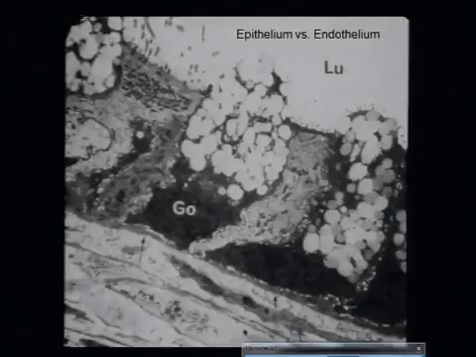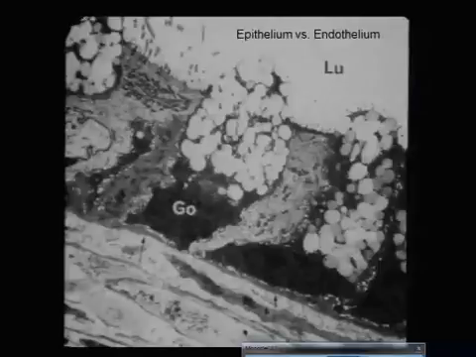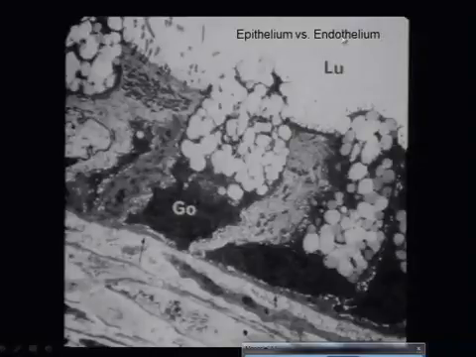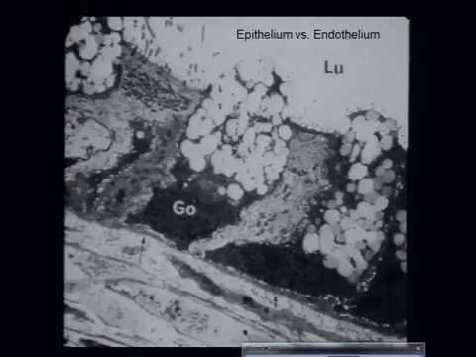Believe it or not, your GI tract basically comes in contact with the environment because everything you eat comes from the environment and passes through. So anything that has contact with the environment is an epithelial cell, versus an endothelial cell. Endothelial cells line the blood vasculature and also the lymphatic system.